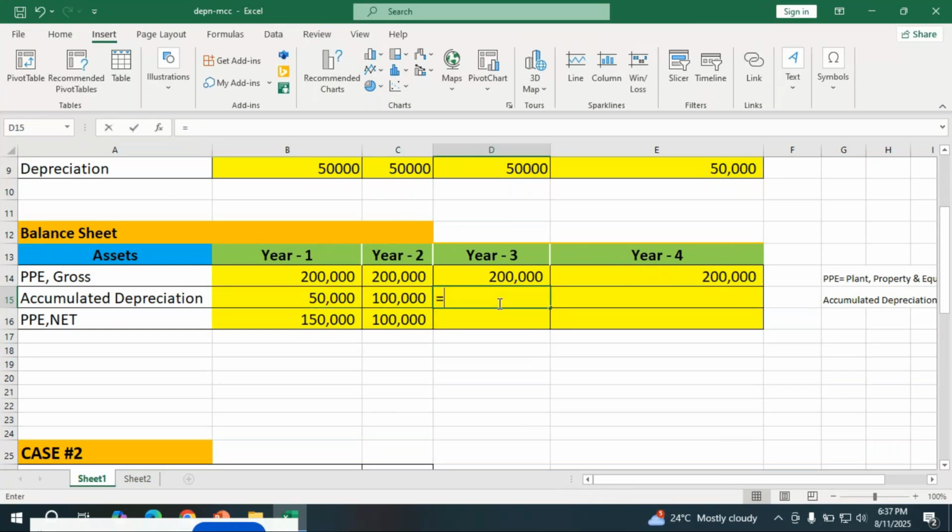Equals to, again same thing: 50,000 of year 1, 50,000 of year 2, 50,000 of year 3.